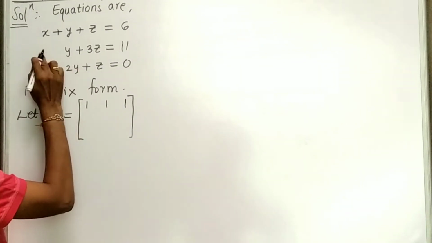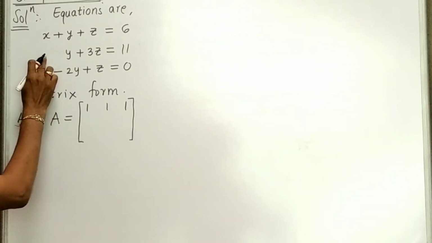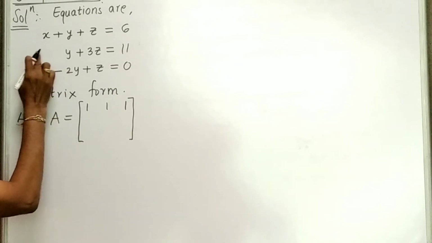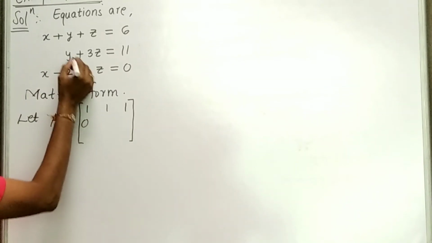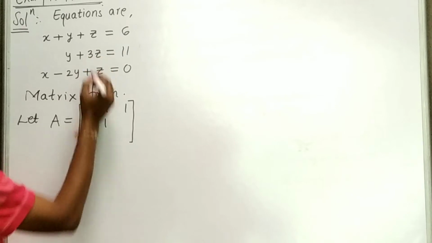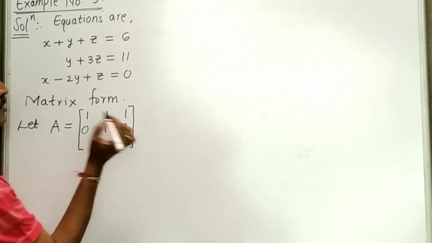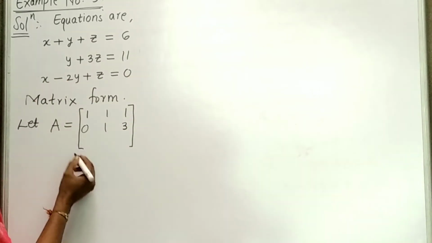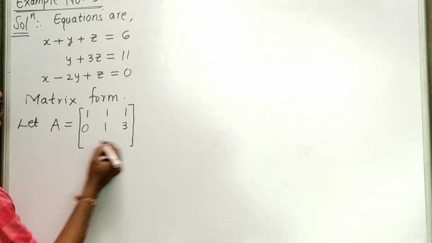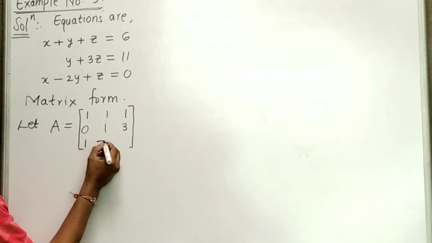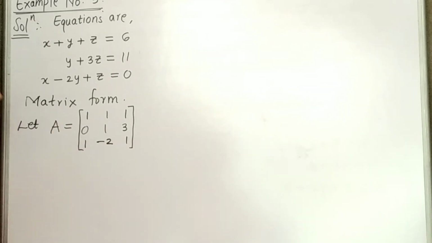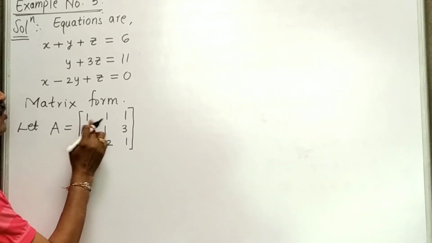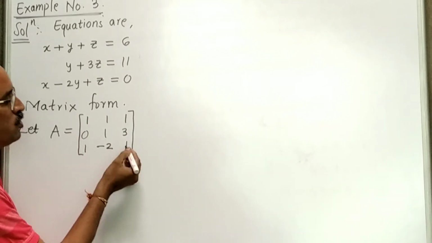In the second equation, the x term is absent, that means the coefficient of x is 0. The coefficient of y is 1 and the coefficient of z is 3. The third row is 1, minus 2, 1. So matrix A is equal to 1, 1, 1, 0, 1, 3, 1, minus 2, 1.